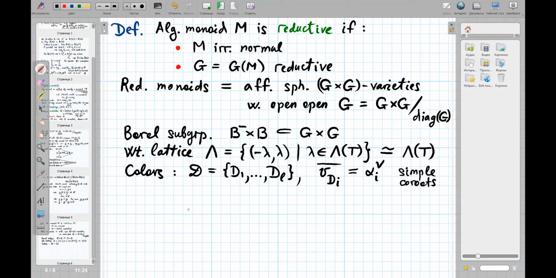And finally, the evaluation cone in this case is exactly the negative Weyl chamber in the dual space E, consisting of all vectors whose pairings with all simple roots are non-positive. This is the negative Weyl chamber.